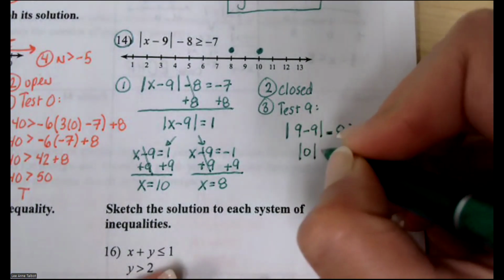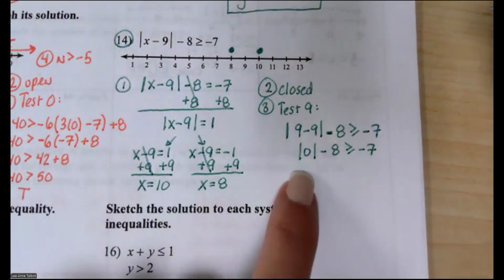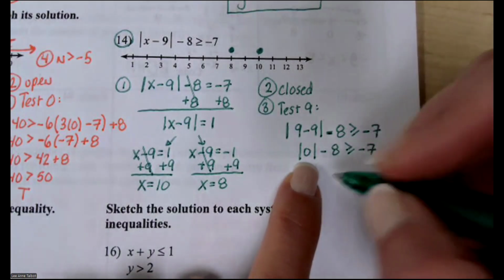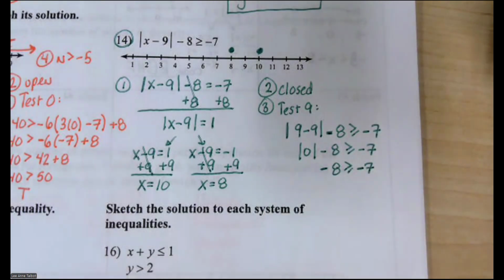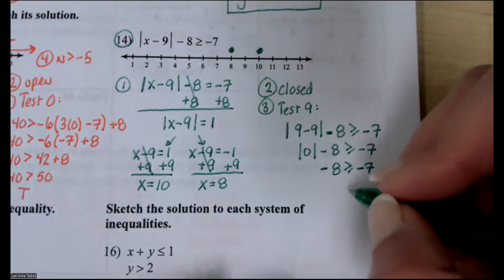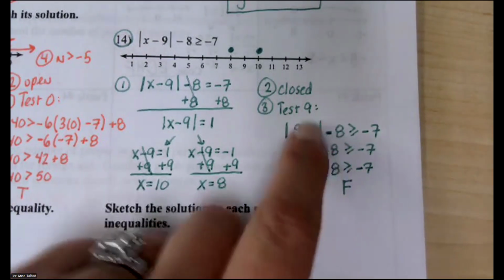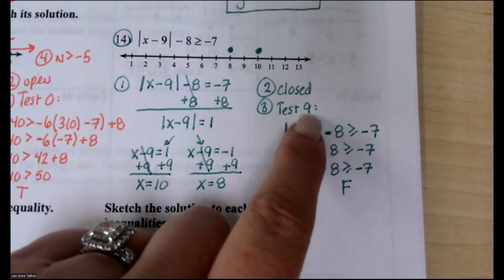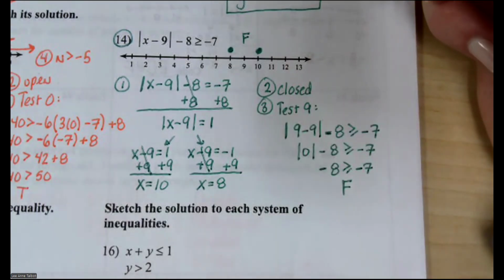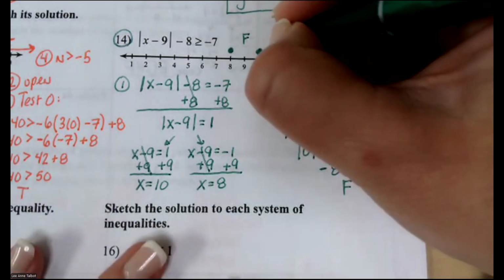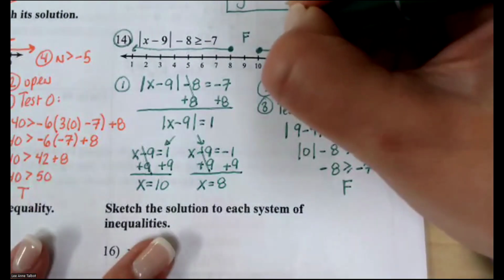Absolute value of 0 minus 8 is greater than or equal to negative 7. Absolute value of 0 is 0. It's no big deal. Negative 8 is greater than or equal to negative 7. So what? They go out. Yeah, great. So it's false at 9. So my arrows go out because everything else is true.